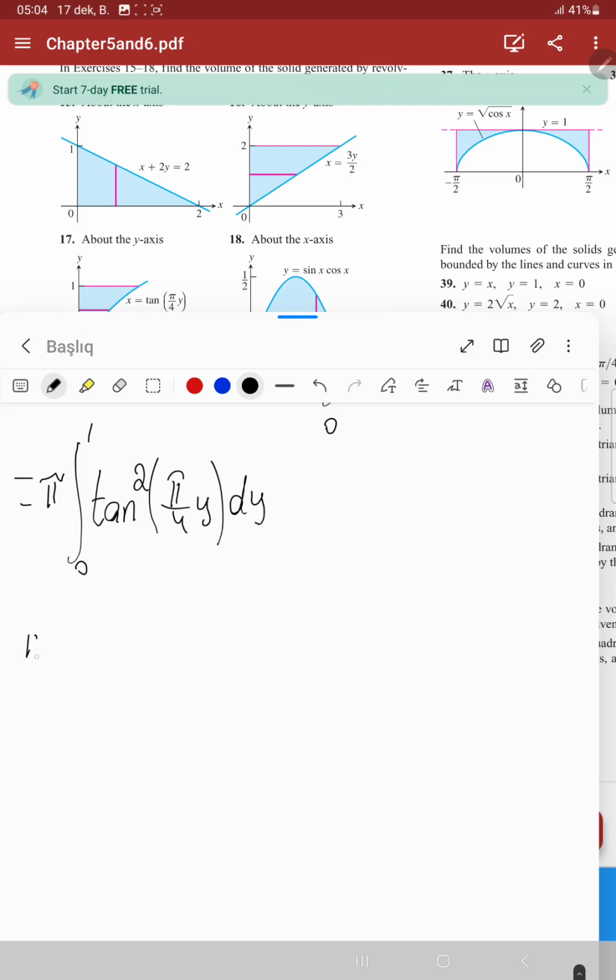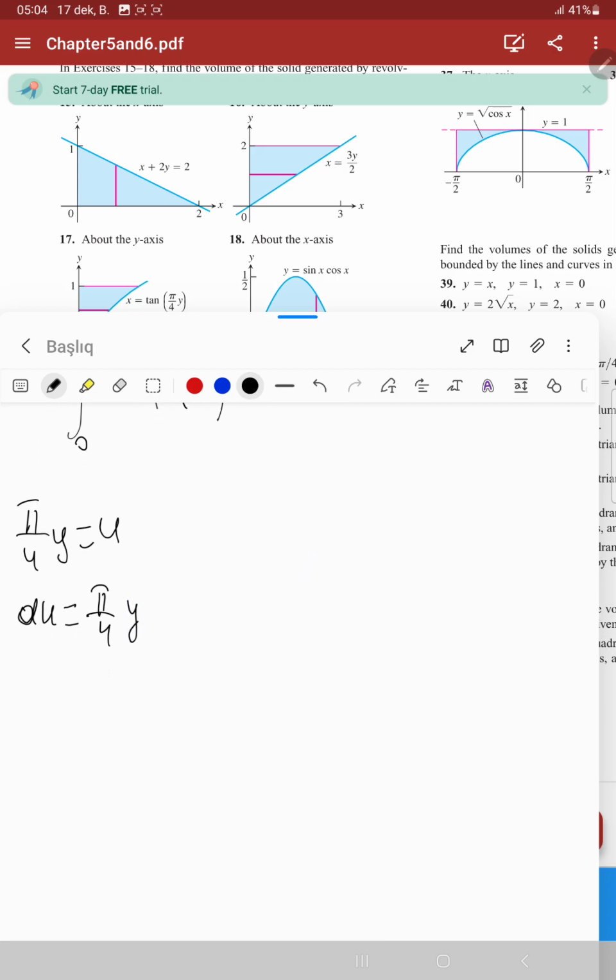So instead of pi over 4y, we'll write u. And du will be equal to pi over 4 dy.